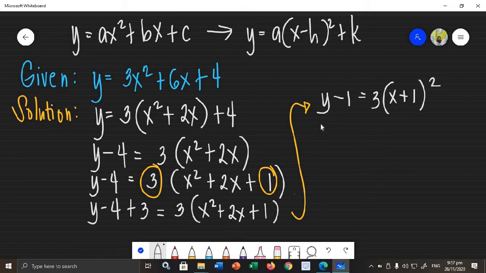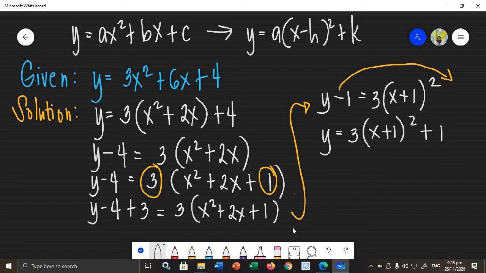So, there it is. And then, the last step is to transpose negative 1 on the right side. Because that is your k. That is the k. Okay? So, it will become like this. Y is equal to 3 quantity x plus 1 squared. Negative 1 will become positive 1. And therefore, this form of quadratic function is equivalent to the given.